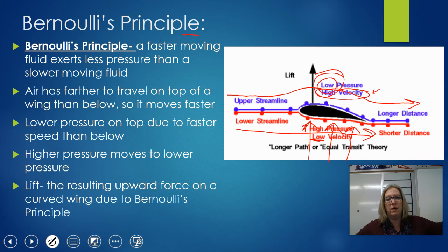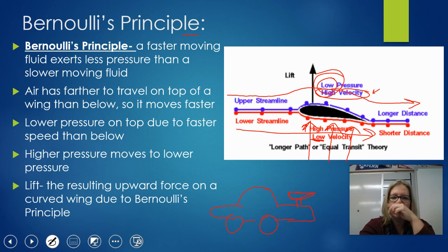This is also why birds can kind of glide through the air without flapping their wings, because their wings are also shaped with a curve like this. If you look at the spoiler on the back of a race car, watch my amazing drawing here. Okay, here's a spoiler. Boom. It's going to look like an upside down wing. Okay, so it's going to be flat on top and curved like that.